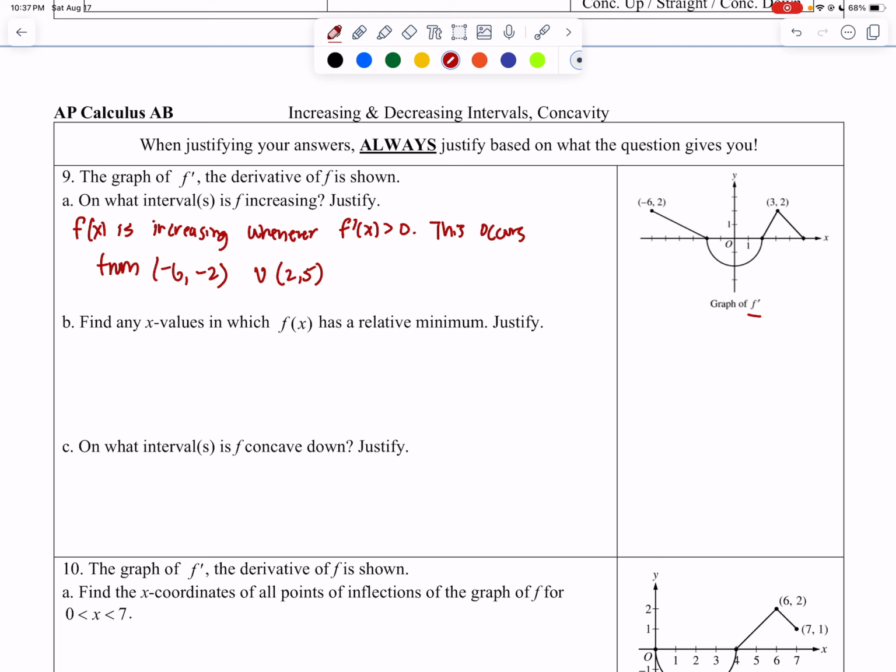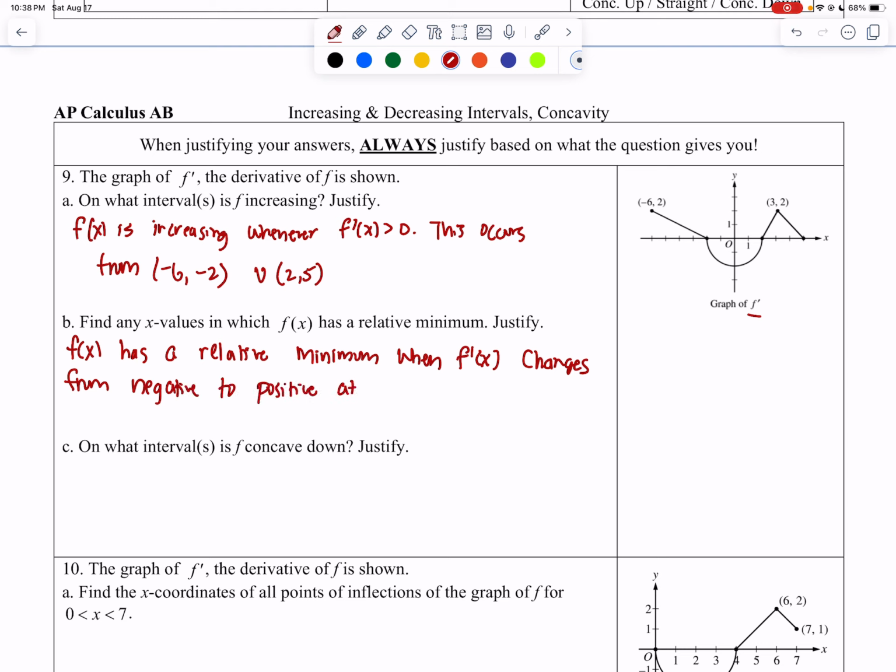B says find any x values in which f of x has a relative minimum. So remember, a relative minimum means that our graph of the derivative changes from negative to positive. So I'm going to say f of x has a relative minimum when f prime of x changes from negative to positive at that point.